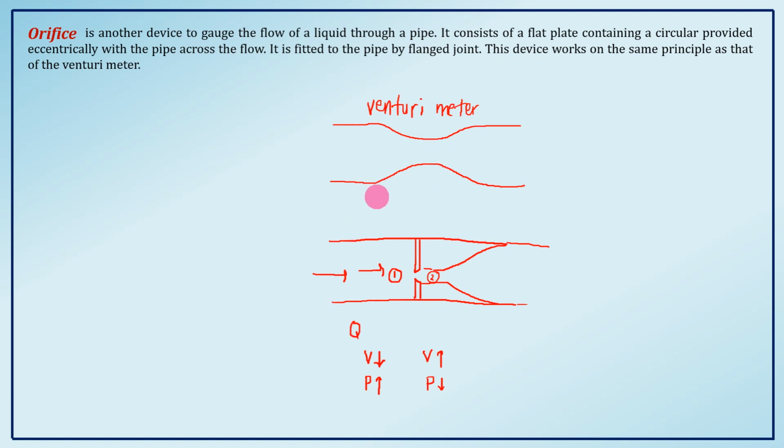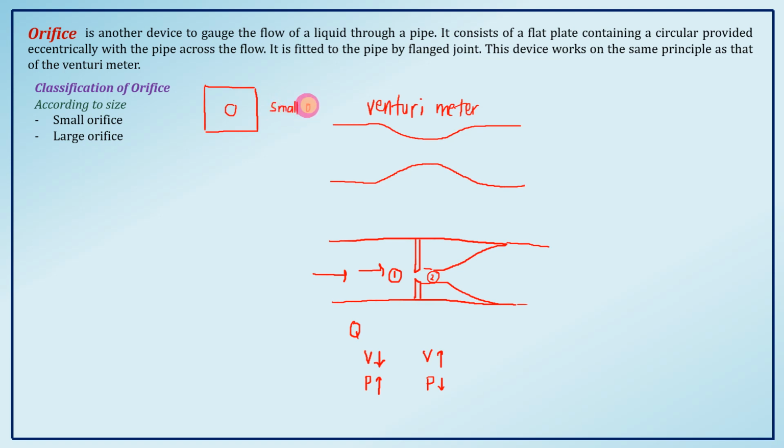Okay? So, we have different classifications of orifice according to the size. We have small orifice and large orifice. So, from the name itself, large and small. So, sa size lang naman yon. Let's say we have a plate, orifice plate na rectangular, and yung butas natin is like this lang. Mga 2 cm, ganyan, 20 cm. So, we have here a small orifice. Ayan.